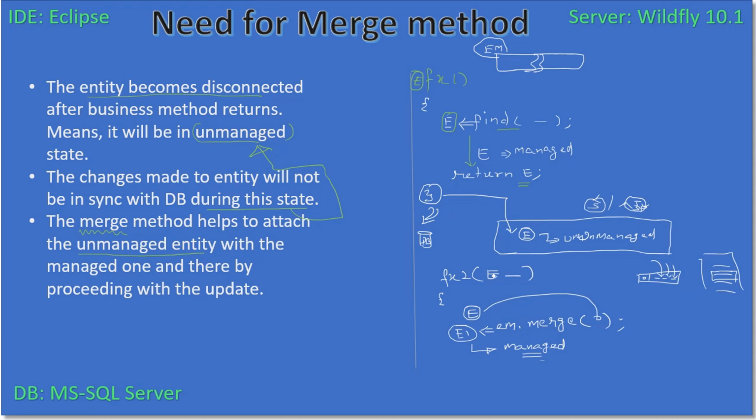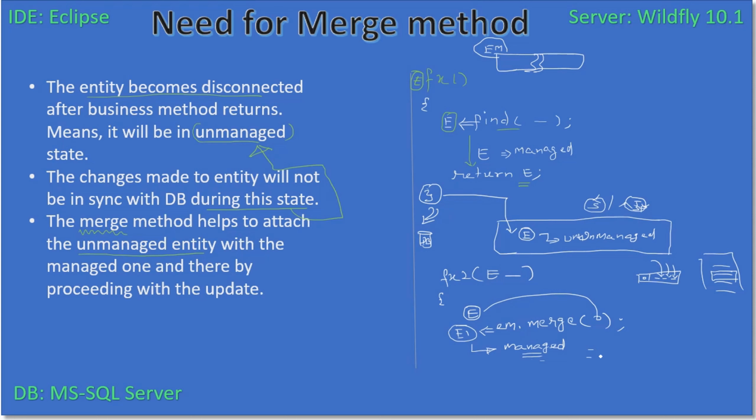So if E is changed before this return, that means the unmanaged object is merged with an existing row in the database. At this stage, if you call persist, the changes will be applied. In our example, we are not going to use the persist method. What we will do is merge it, and make changes in the managed instance.